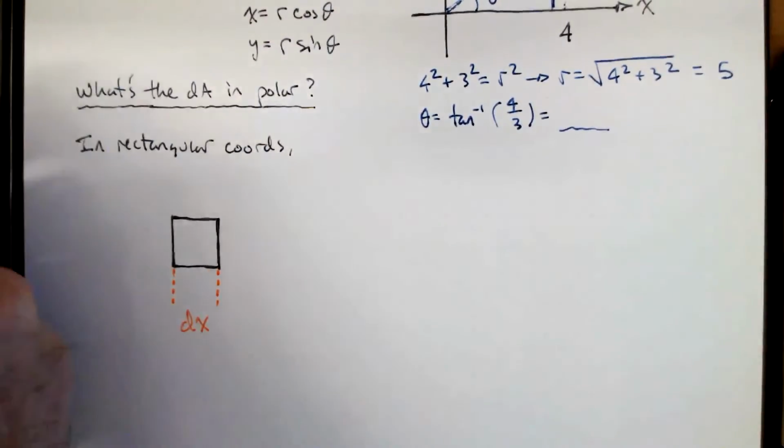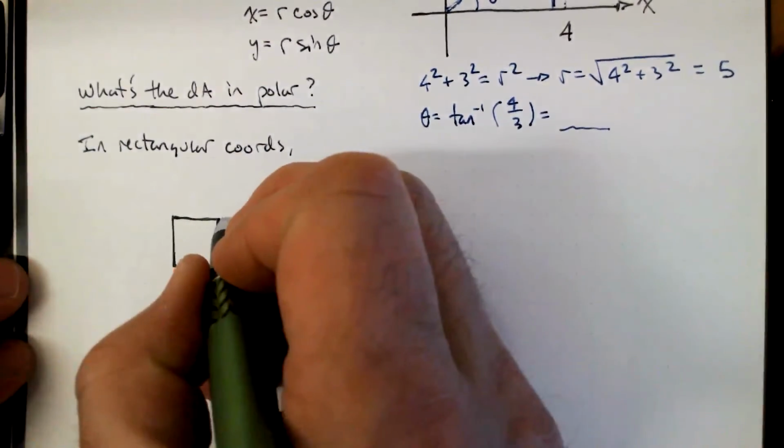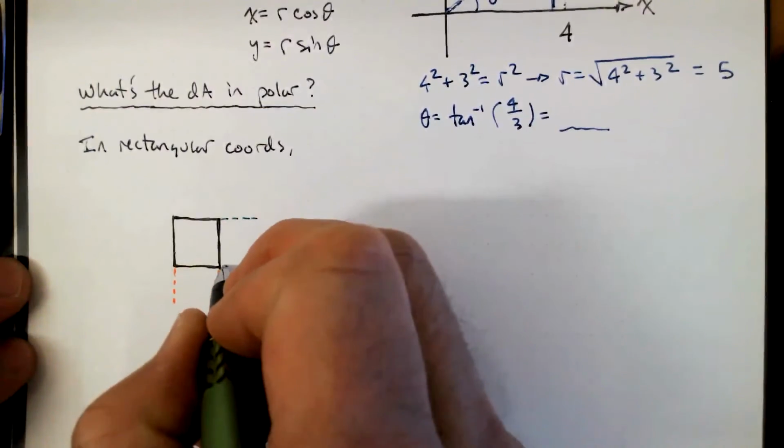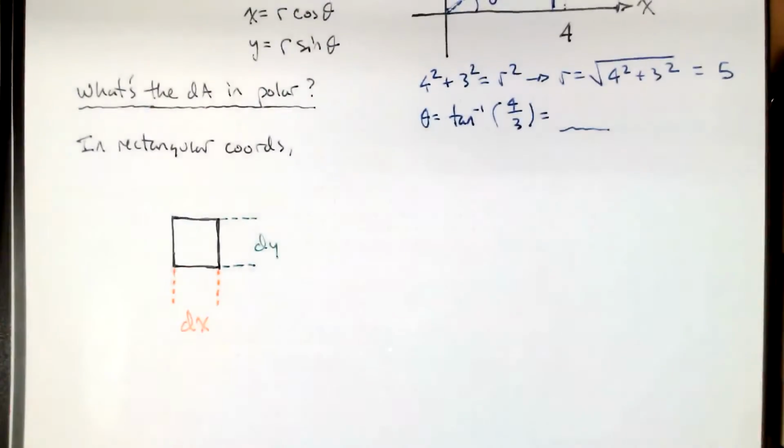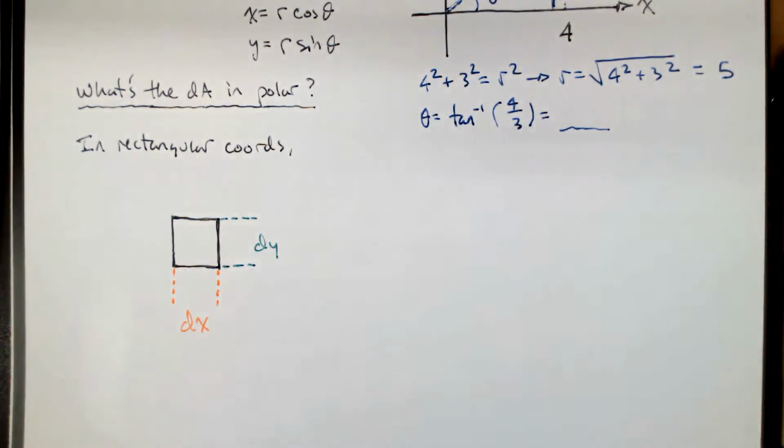So the dx and the dy are a length and a width, and dA is just length times width for the area of that small rectangle.